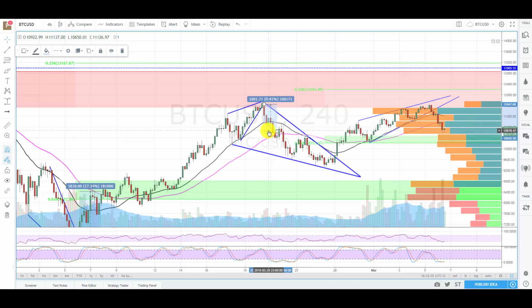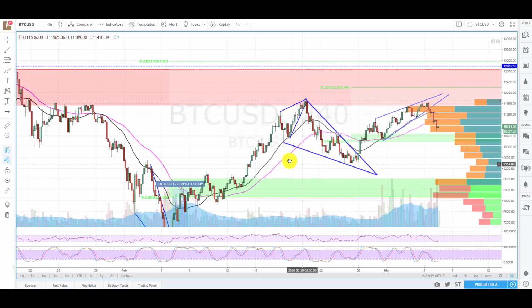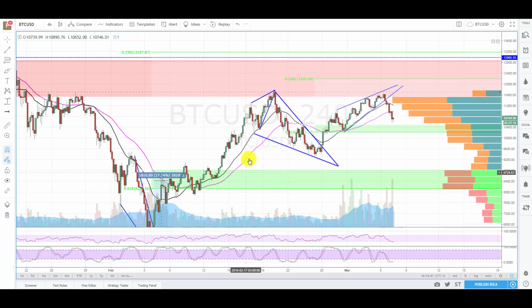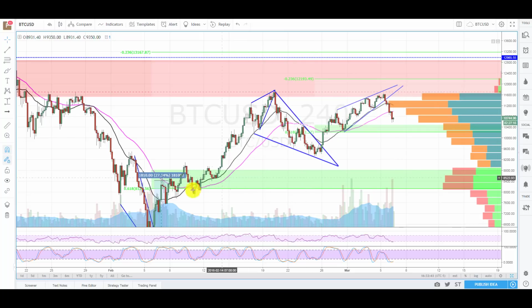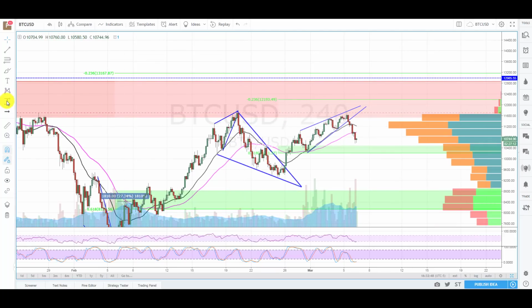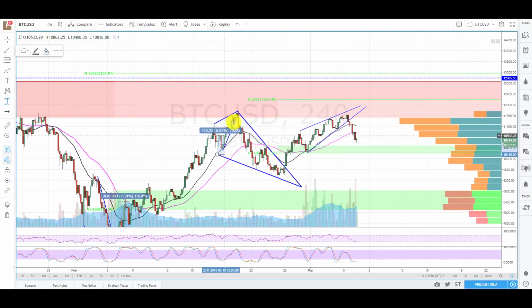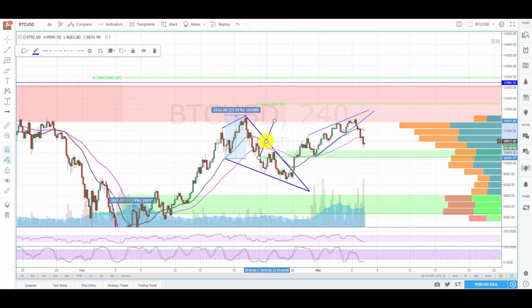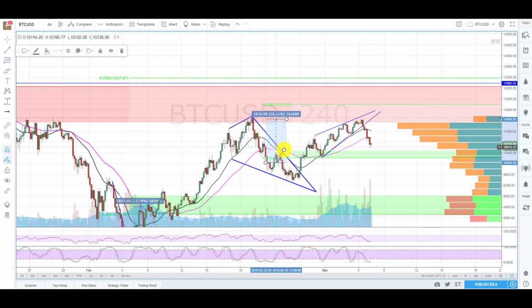Now let's delete this and let's look at this larger wedge. This one produced basically our pullback off of the low, and now we're working higher. So again, take this move to the top here, we'll just call it there, $1,616, and take this move.